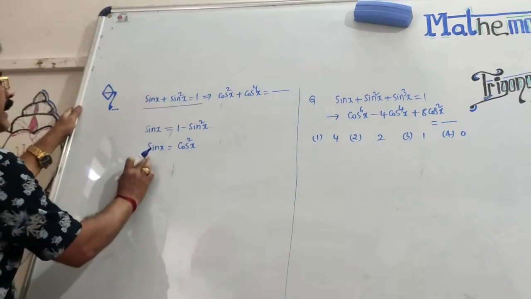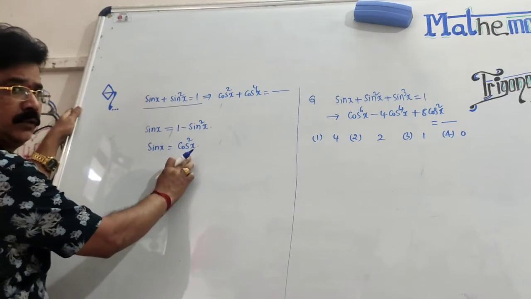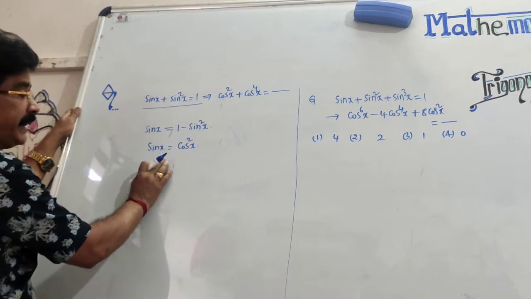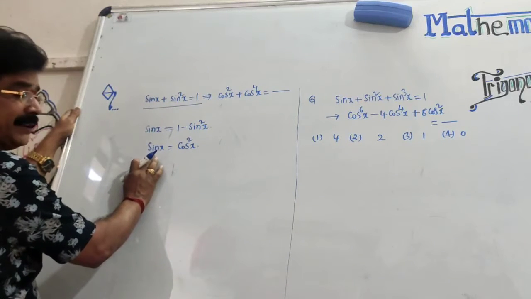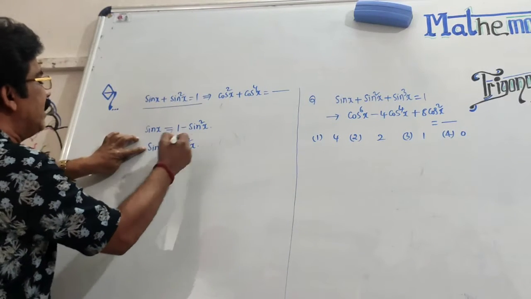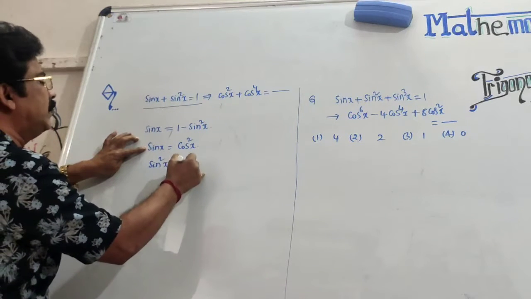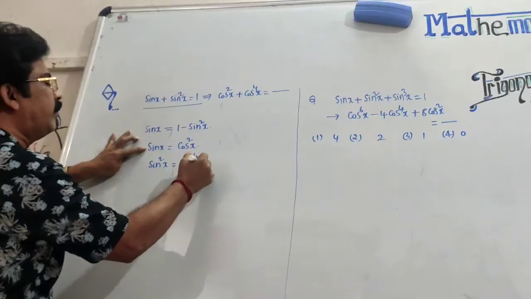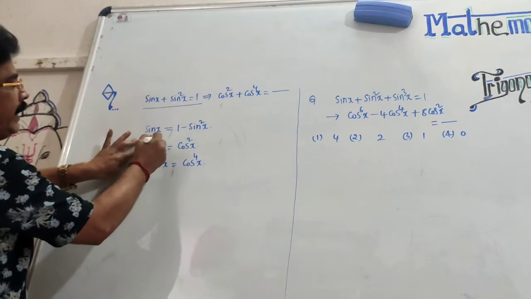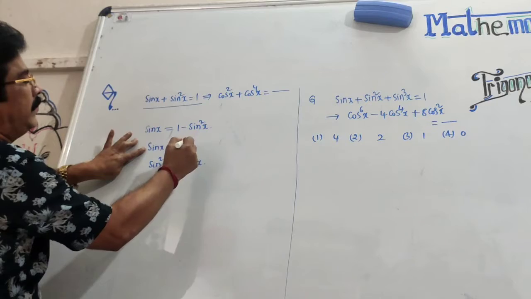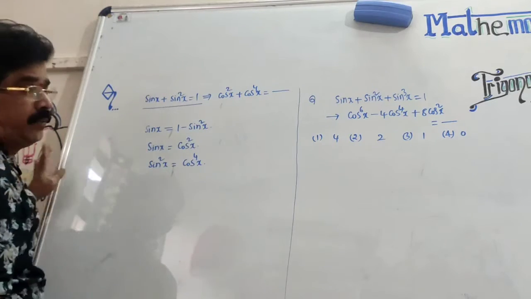But sin x is there. So, again we have to obtain in terms of cos alone, for which we square on both sides. sin square x equal to cos to the power of 4 x. Square means cos square whole square, cos to the power of 4.